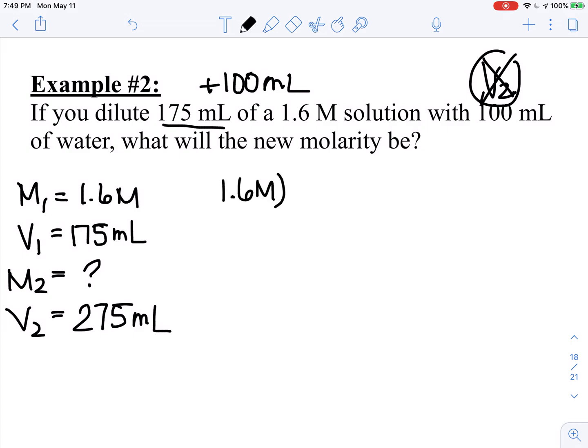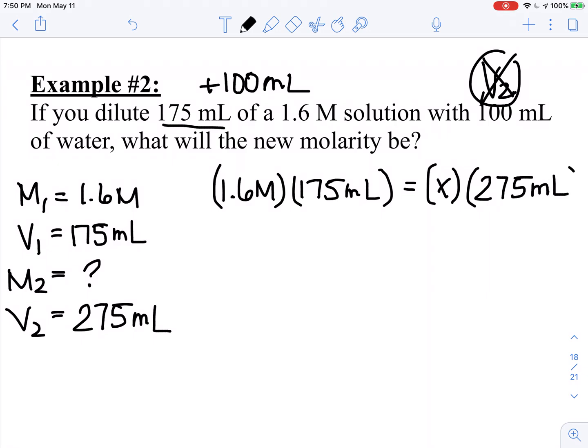1.6 molar times 175 milliliters equals, we don't know what M2 is, and then our final solution volume is 275 milliliters. And again, we check our units do match, and that's good. 1.6 times 175 is 280 equals 275x.